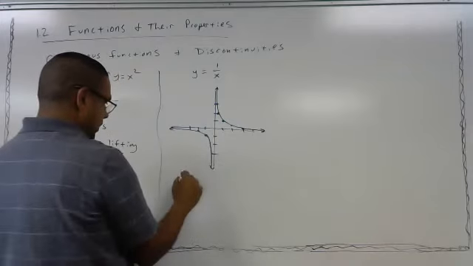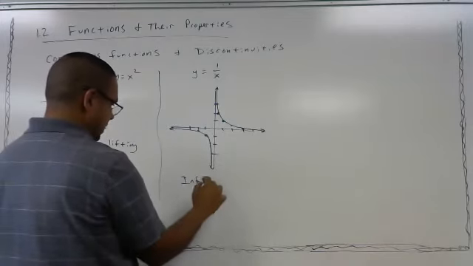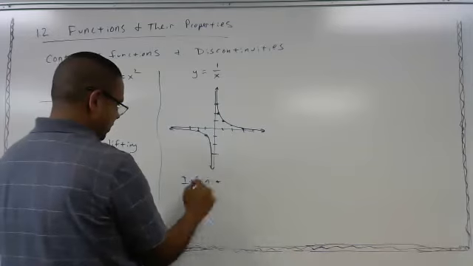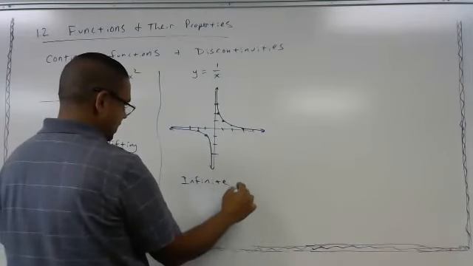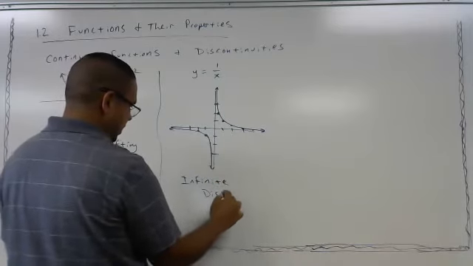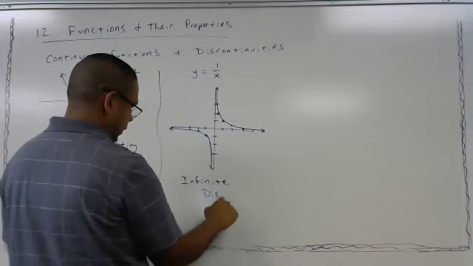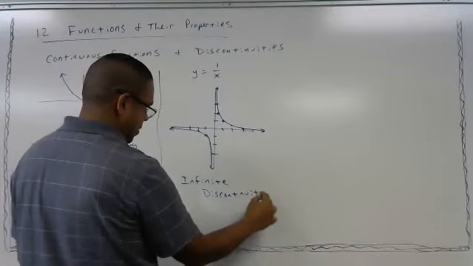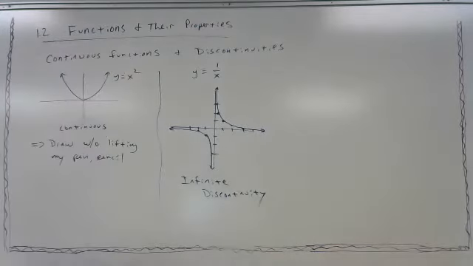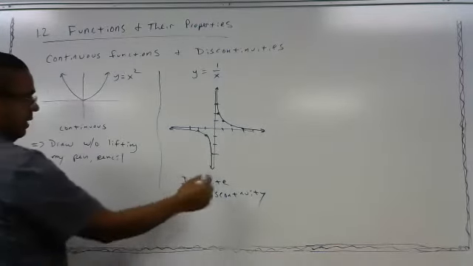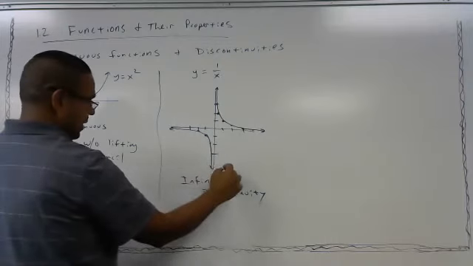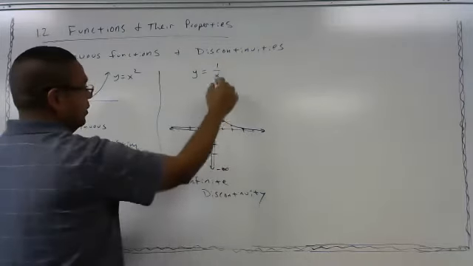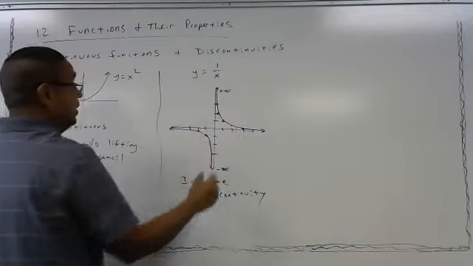So this is what we call an infinite discontinuity. Infinite because this shoots off down here to negative infinity, and this shoots off up here to positive infinity.